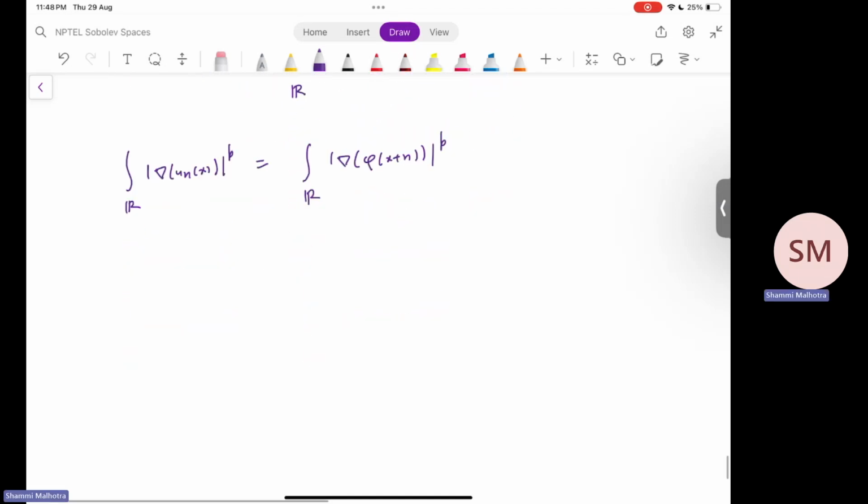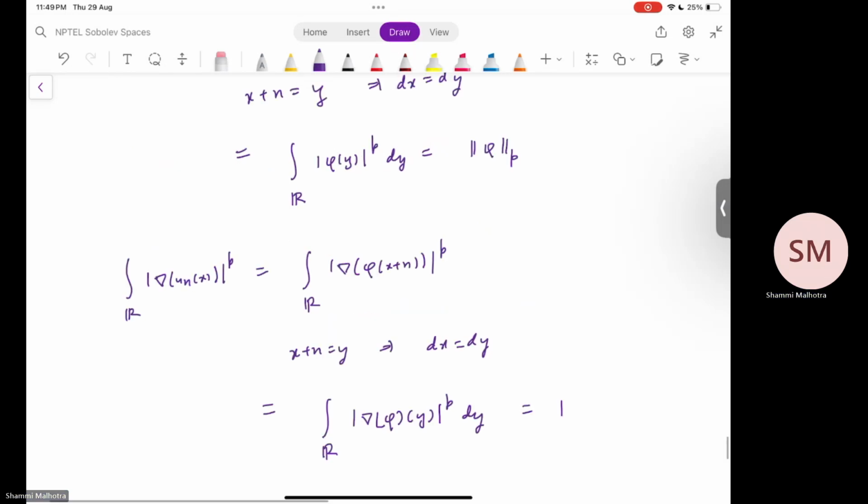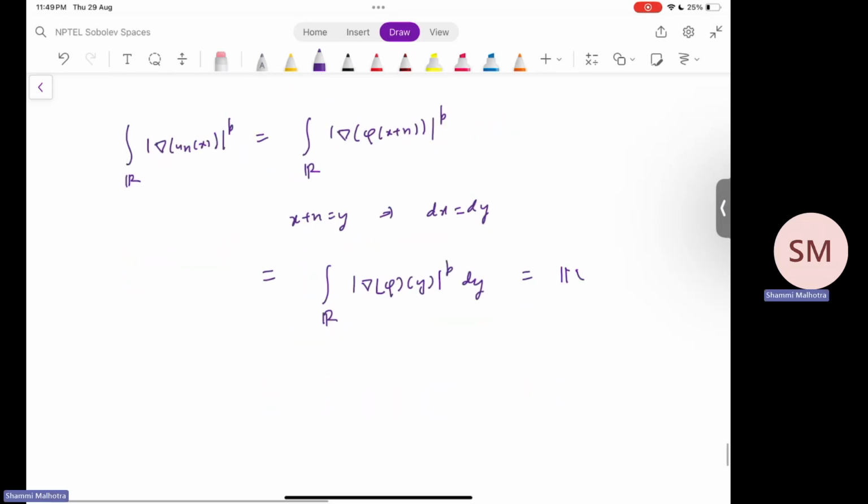Again with the same change of variable, we land up with the same equality: the integral over R of |gradient of phi(y)|^p dy, which is the p norm of the gradient of phi.